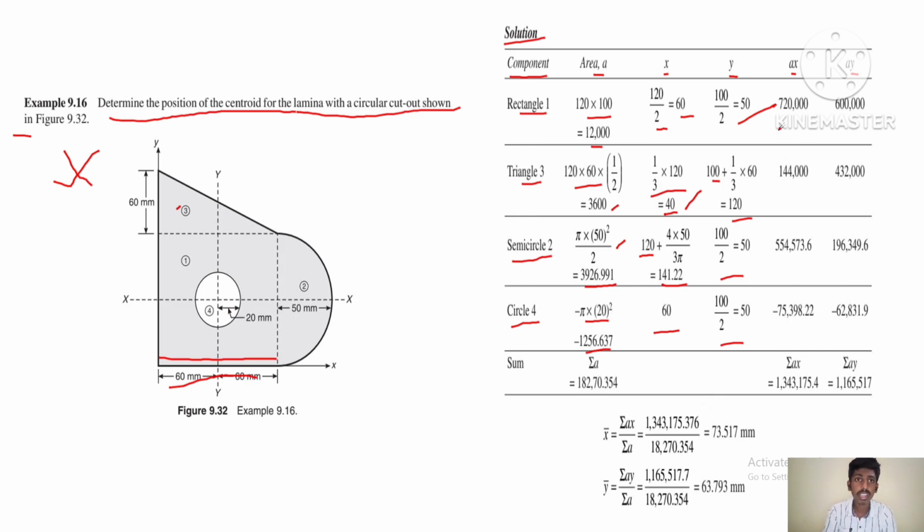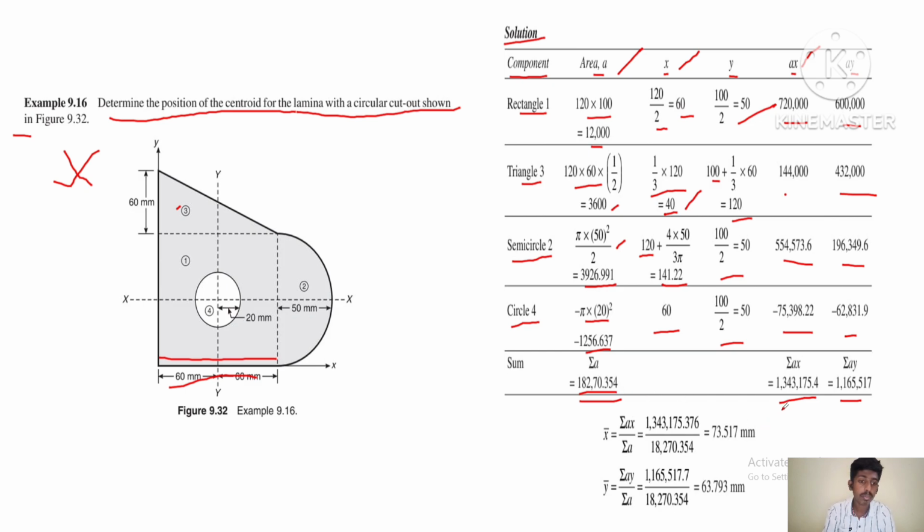Then later, after multiplying area into x, we get these ax values for rectangle, triangle, semicircle, and circle. Multiplying area into y, we get ay. Later, finding the sum of the areas of all components, we get the total area as 18270.354.